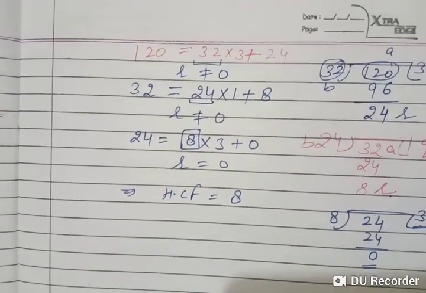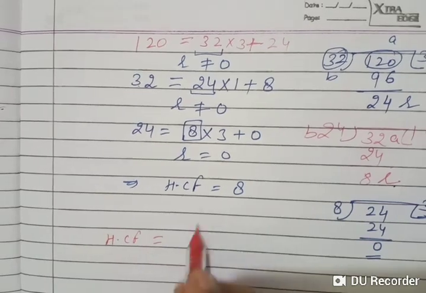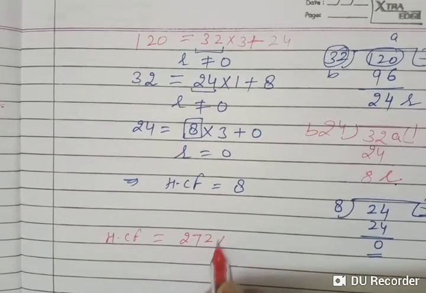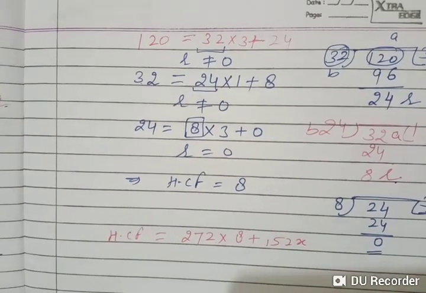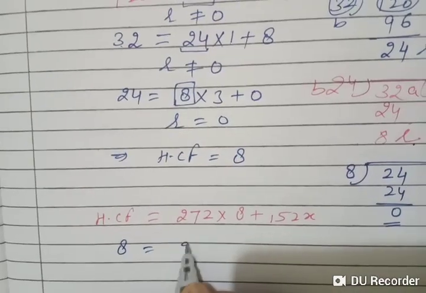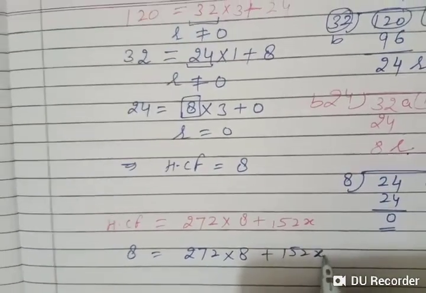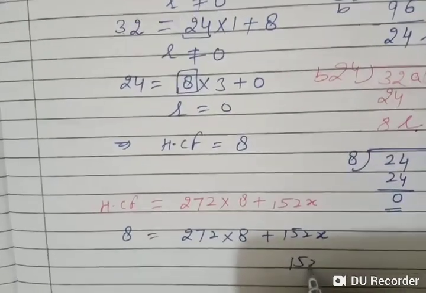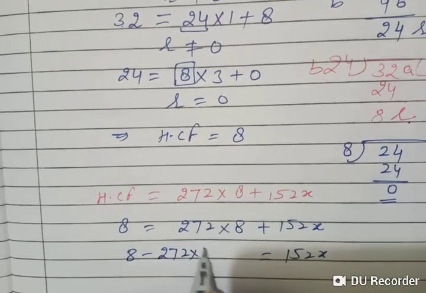Now the question says that HCF is expressible in the form of 272 into 8 plus 152x. You can see this is a linear equation in x. We can write 8 in place of HCF, and this is 272 into 8 plus 152x. Keep 152x here only and shift the 8 minus 272 into 8.